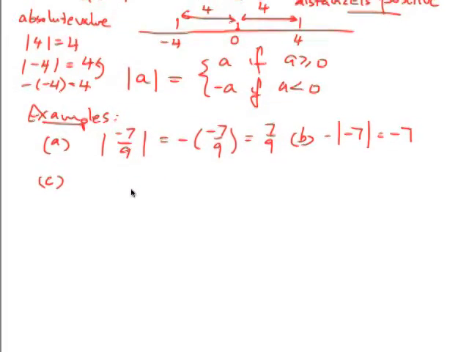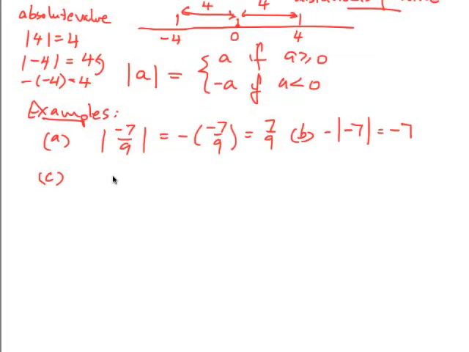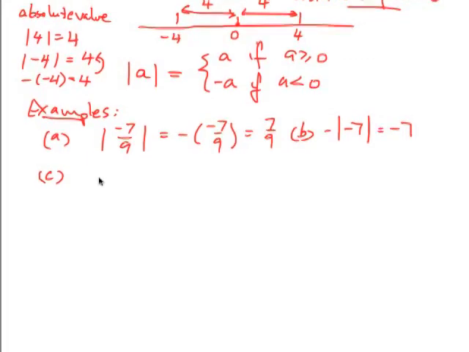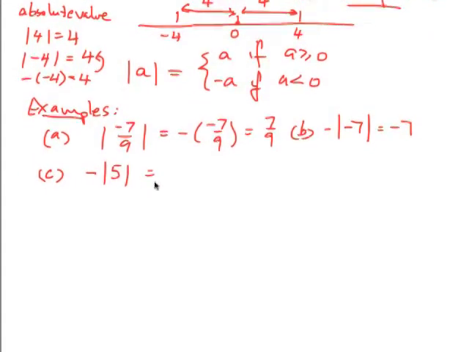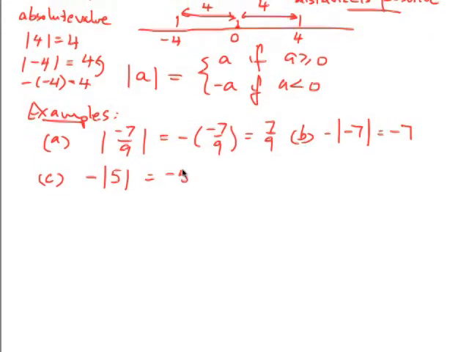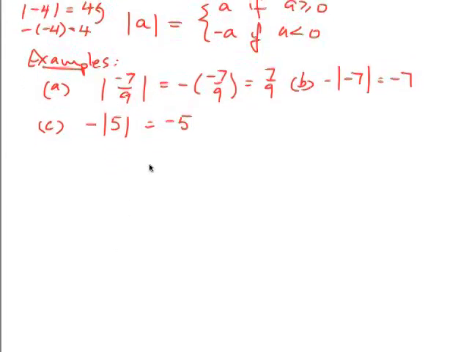Part C, let's suppose that I have the negative of the absolute value of 5. Well, the absolute value of 5 is 5, so I'd end up with negative 5.